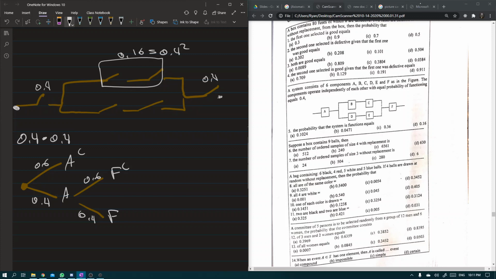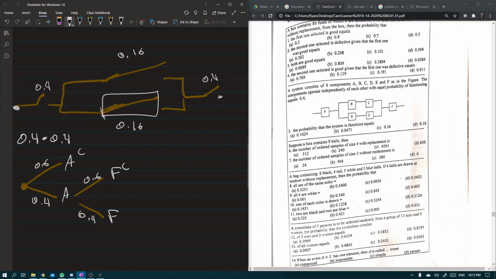Now here is going to be the same, 0.16. Both of them are working. Now we could just assume that this is one big thing. We don't need to worry about the others. So assume that there's just two now. The probability of this one working is 0.16.